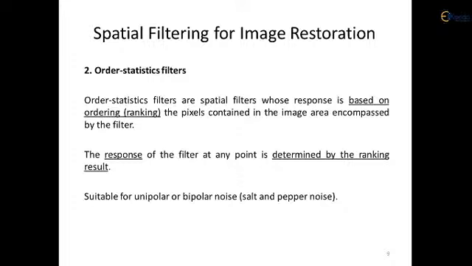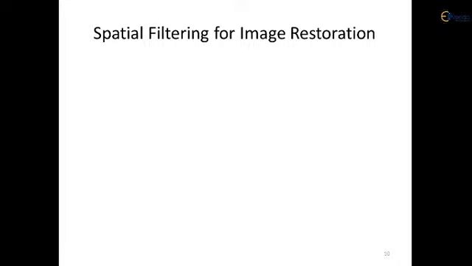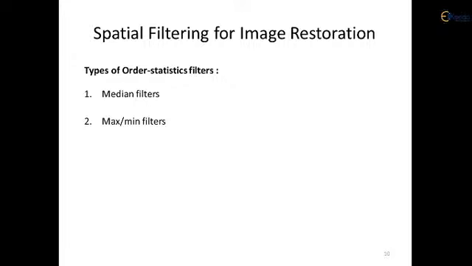Now there are subtypes to the order statistic filtering. So here we have four subcategories. The very popular one under this order statistic is the median type of filtering, and next to the median filtering we have the max min filtering, next to that we have midpoint filtering, and lastly the alpha trimmed mean filtering here.